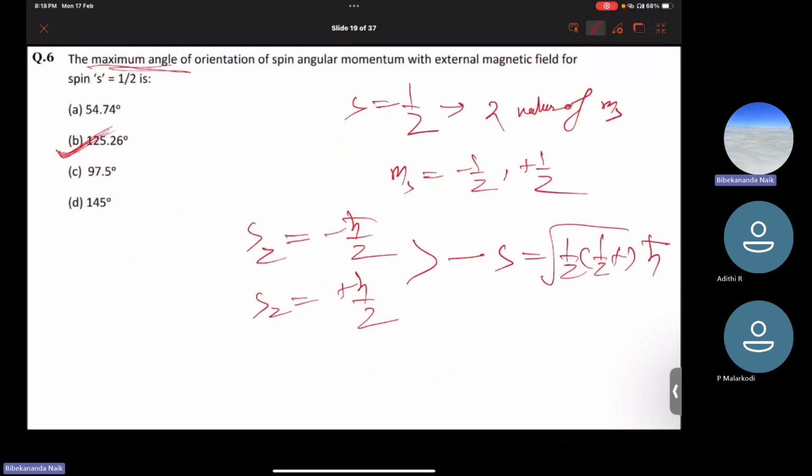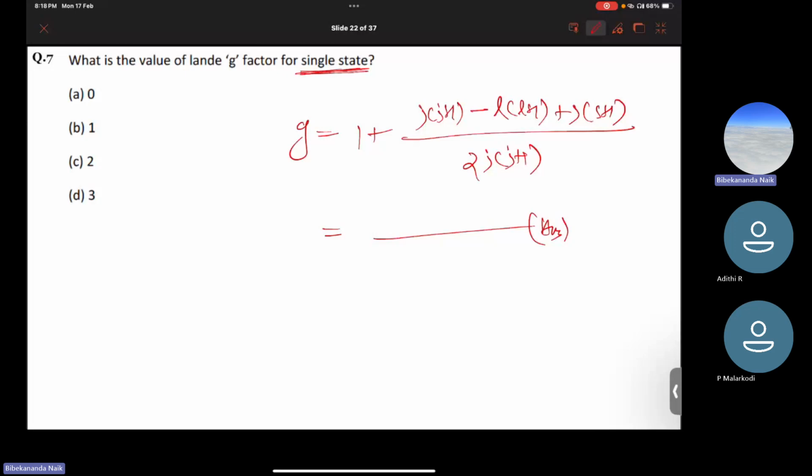So here the question says, what will be the value of Landé g factor for a singlet state? For a singlet state, what will be the value of 2S plus 1? It is 1. So corresponding to 2S plus 1 equal to 1, the value of S will be how much?